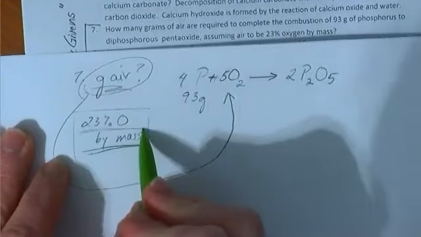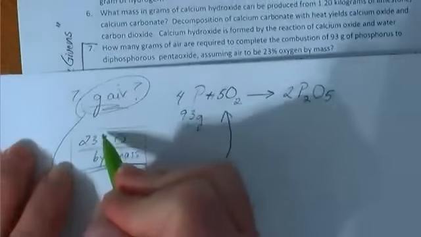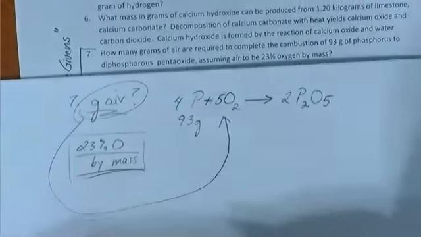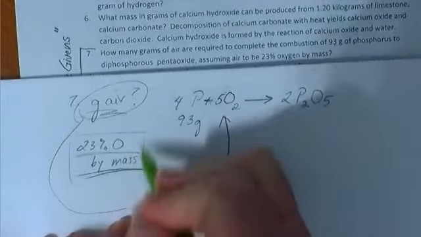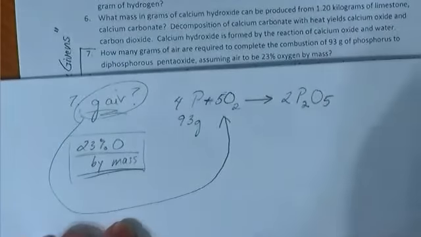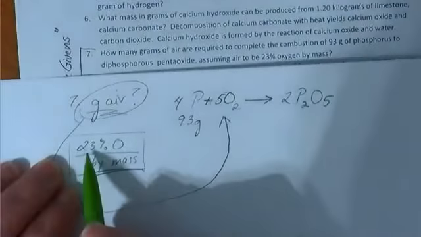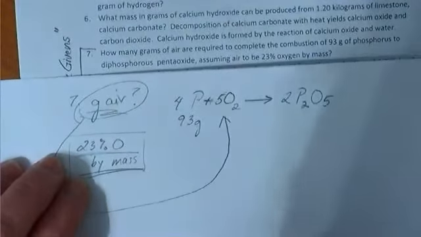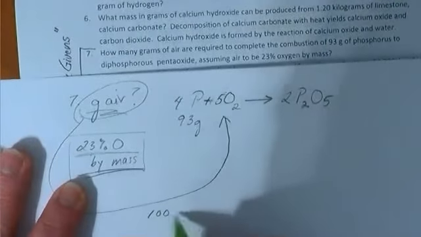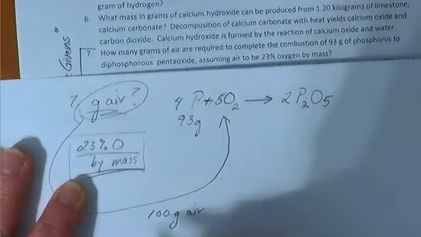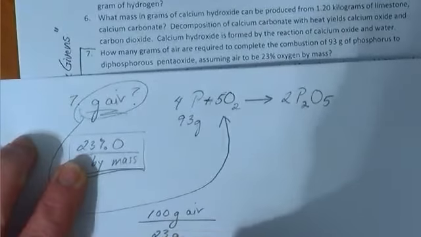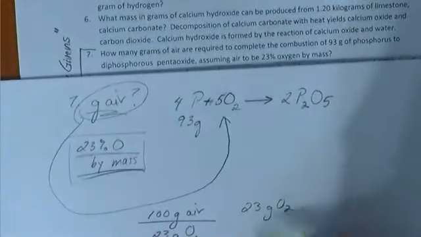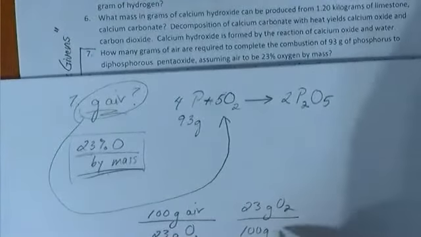A mass percent. Now, as we saw with percent yield, we can convert percentages to be literal expressions as ratios out of 100. To say that air is 23% oxygen by mass is saying for every 100 grams of air, there are 23 grams of oxygen, or I'll have 23 grams of oxygen per the 100 grams of air.